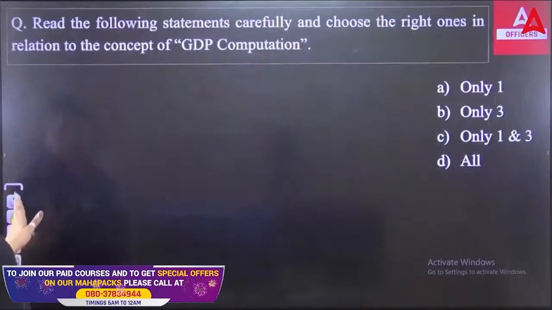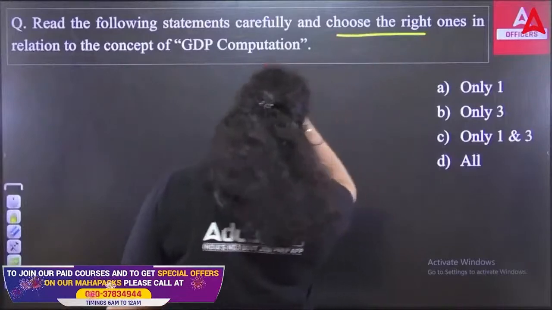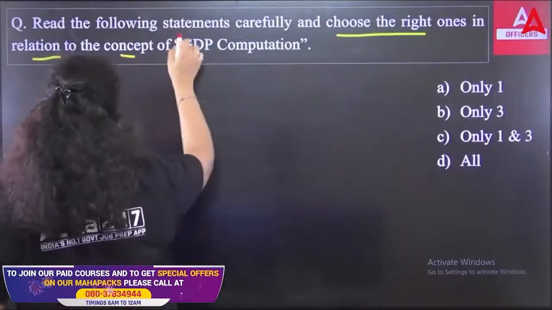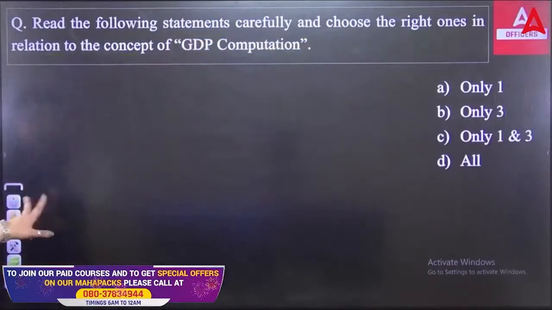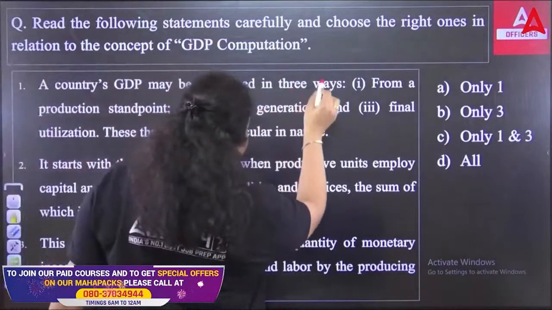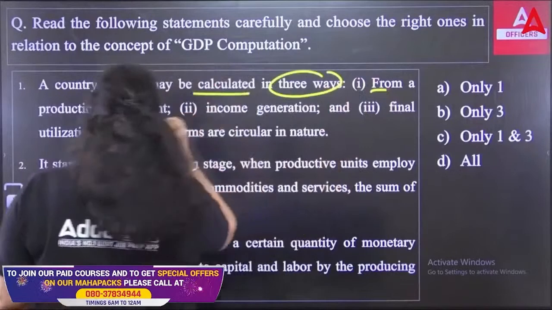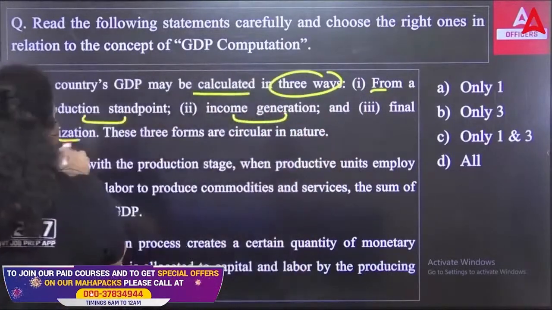All are incorrect. Now, which of the following statements, carefully choose the right one in relation to the concept of GDP computation. When you calculate GDP, which of the following is true? There are three statements. First, a country's GDP may be calculated in three ways: from a production standpoint, from income generation, and third, final utilization.